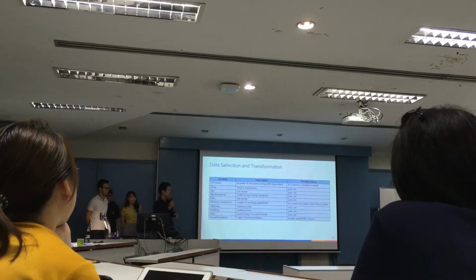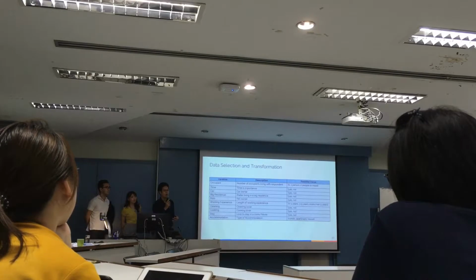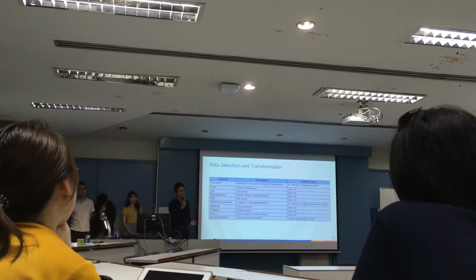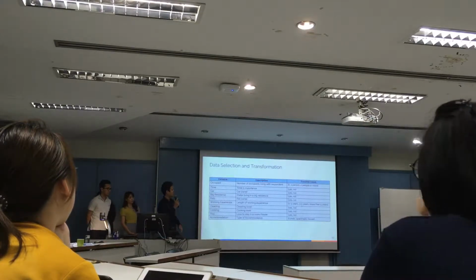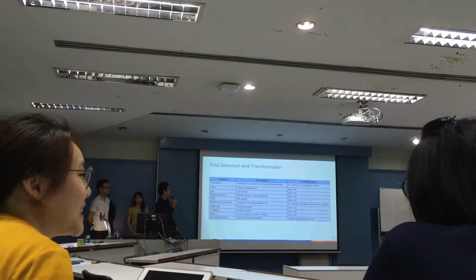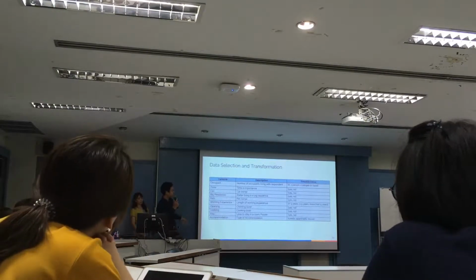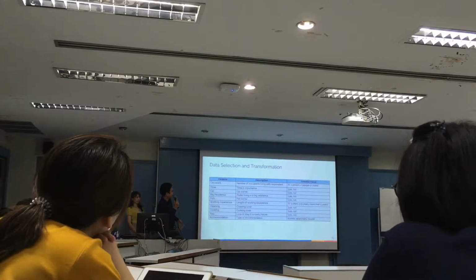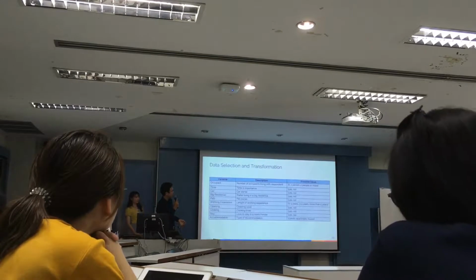Let's move to another one. Okay, this is the survey data that we have. We gave our friends a Google form, and we have 137 samples for this one. The variable is the occupant. The answer can be 0, 1 person, or 2 or more.